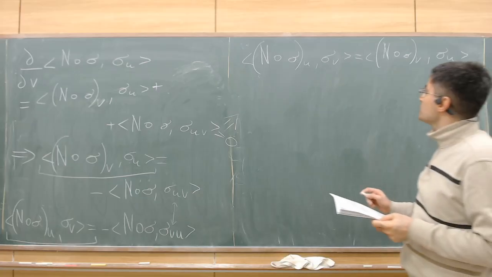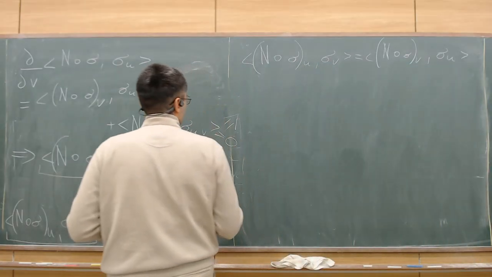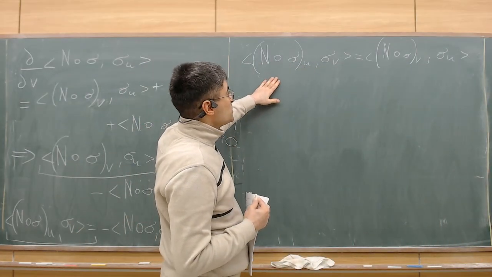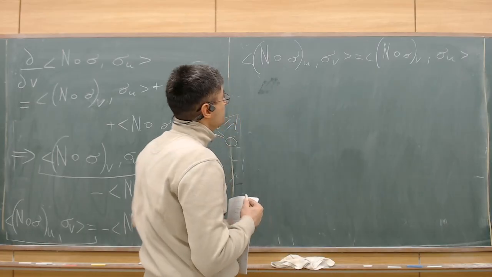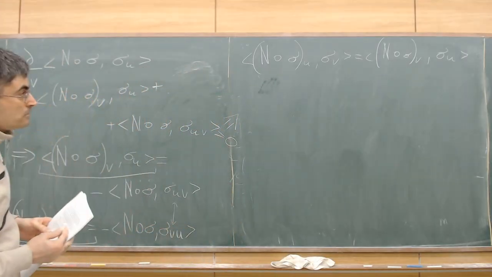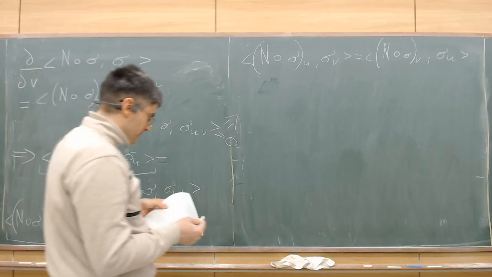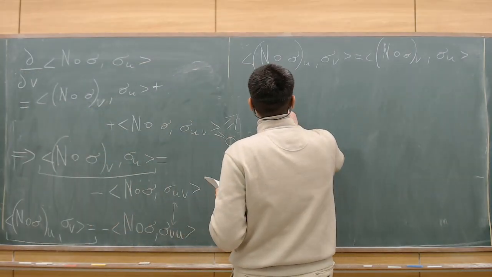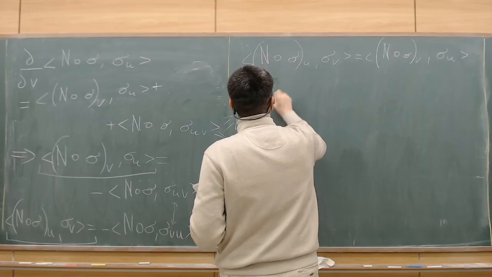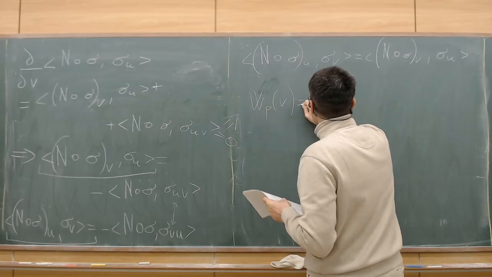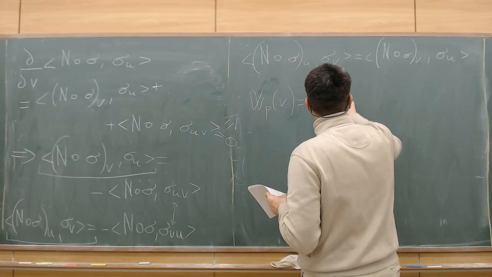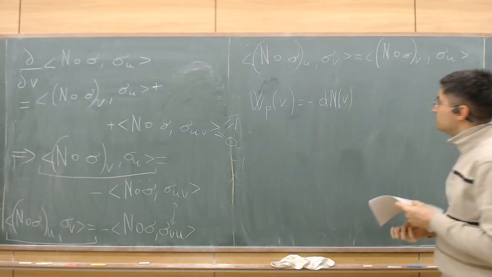Okay, now let's try to write down this identity in terms of the Weingarten map. You know that WP of v is minus dN at v.